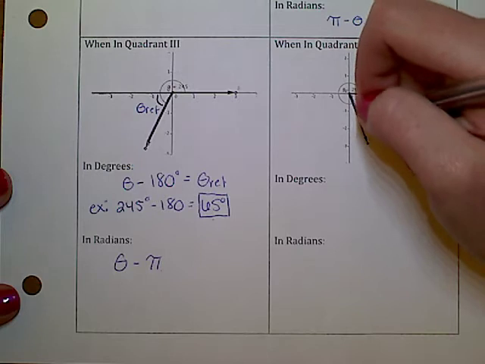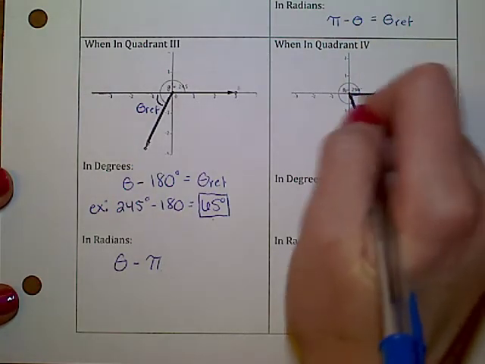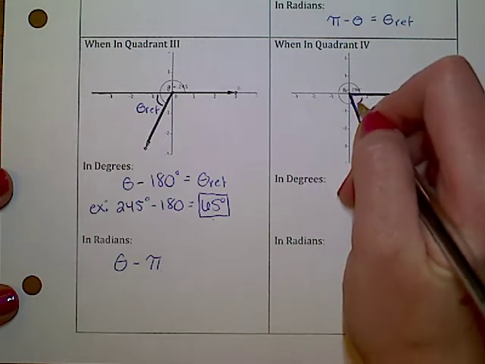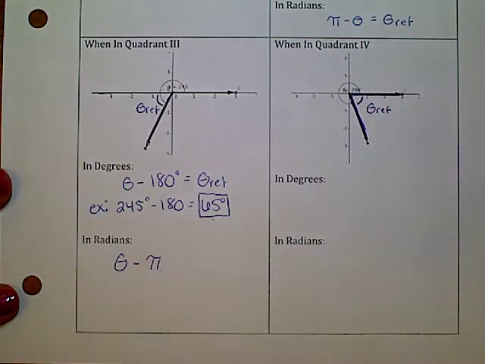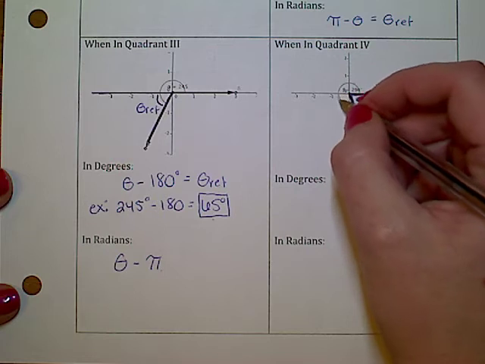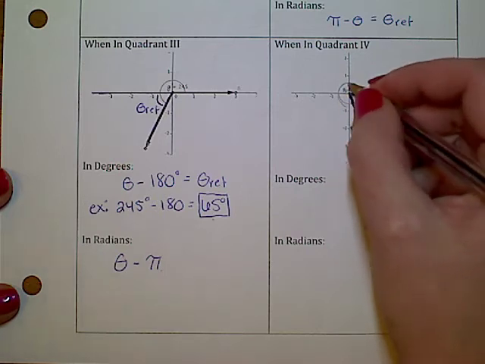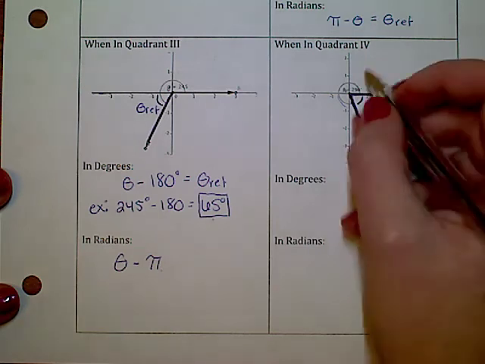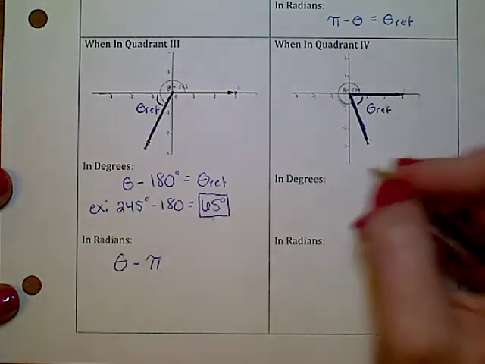Our reference angle would be the terminal side here and the closest part of the x-axis right here. So this part is my reference angle. And to find that, it looks like with this angle and the reference angle, I have 360 degrees. But I don't want 360 degrees. I want to take away a major portion of that.